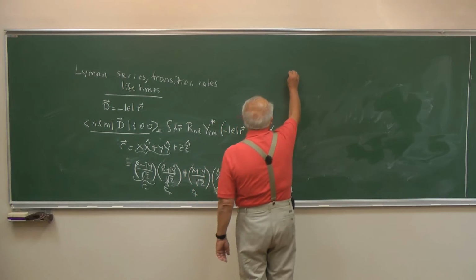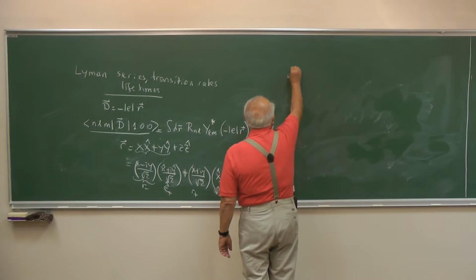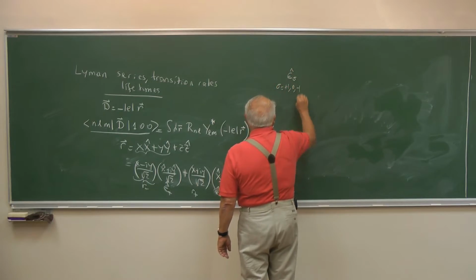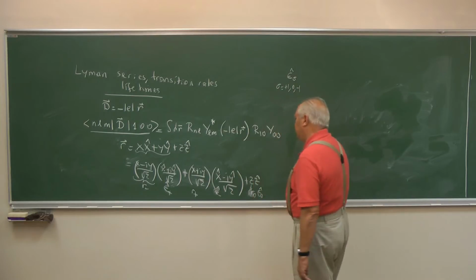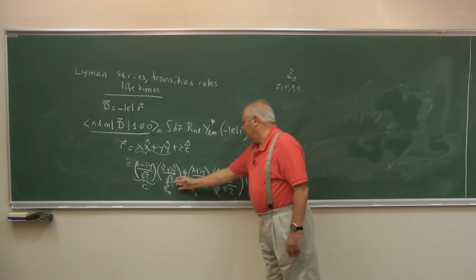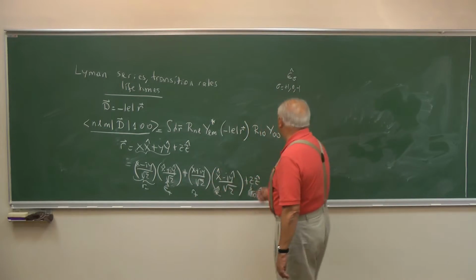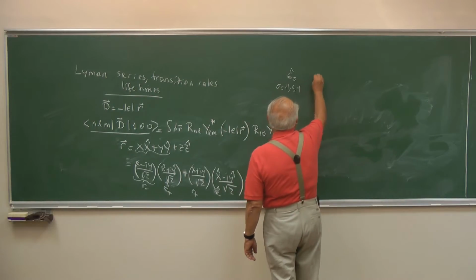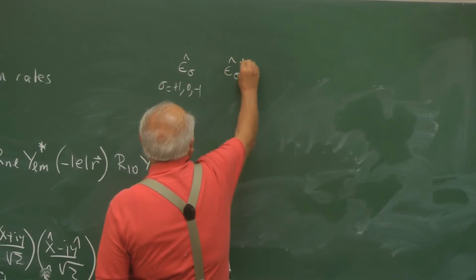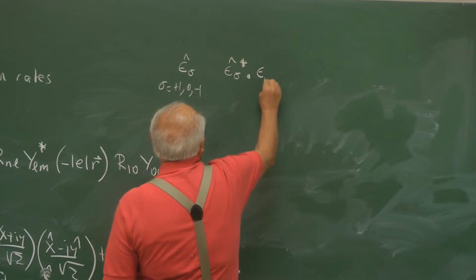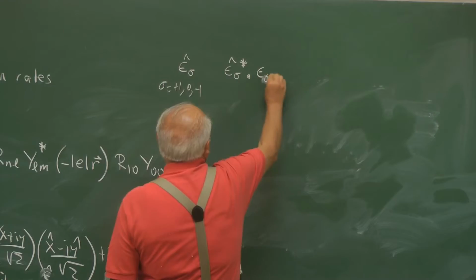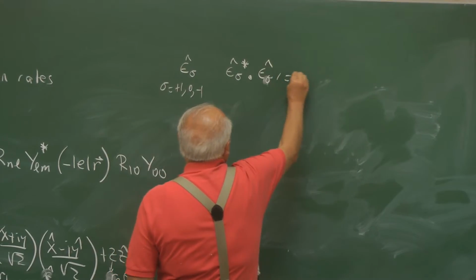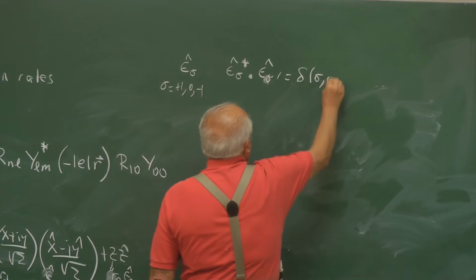Epsilon vectors, epsilon sigma, where sigma can be plus 1, 0, or minus 1. This is the plus, this is the minus, this is the 0. They have this property: epsilon sigma dot epsilon sigma prime. That's a Kronecker delta.